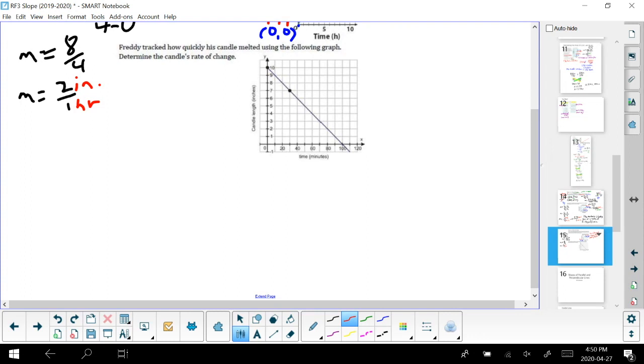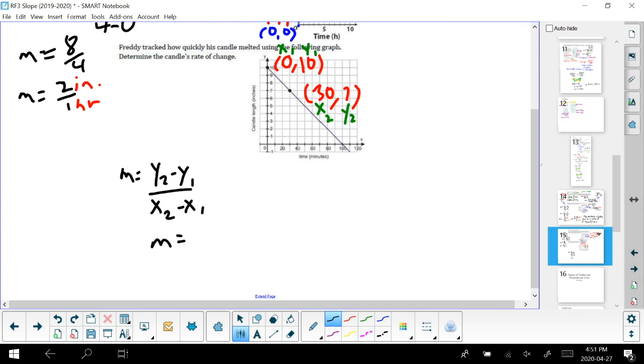The last question here says that Freddie tracked how quickly his candle melted using the following graph. Determine the candle's rate of change. So we're given 2 points to use here. We've got 0, 10, and then we've got 30, 7. Again, we can label our x1, y1 and our x2, y2. Using our slope formula, m is equal to y2 minus y1 over x2 minus x1, we have m is equal to 7 minus 10 over 30 minus 0.